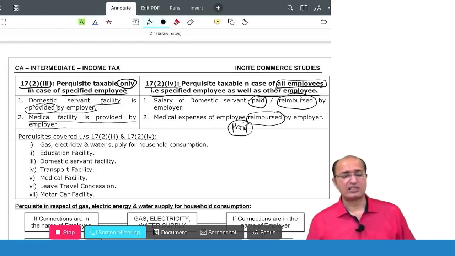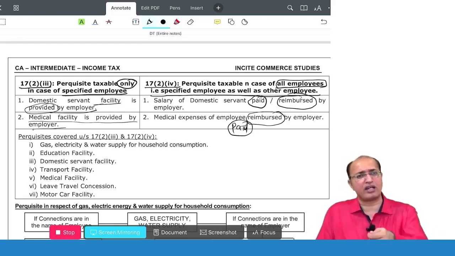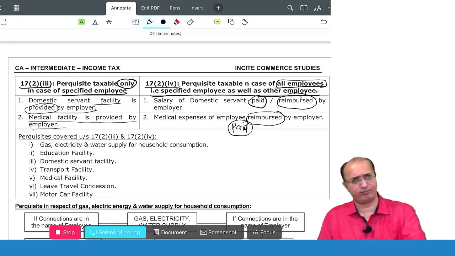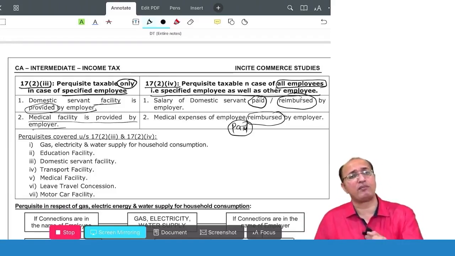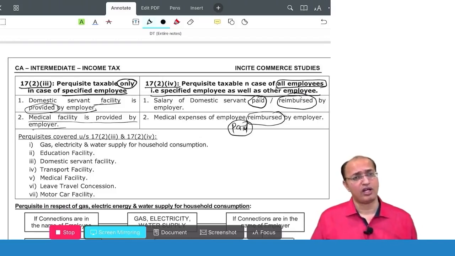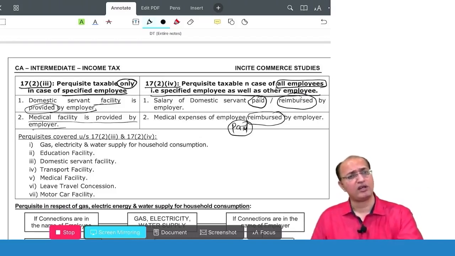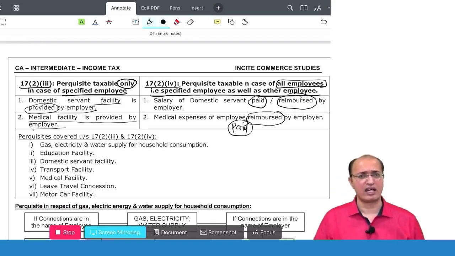Now, 17(2) clause 4 will cover those points wherein making the payment was the employee's obligation. Making the payment was the employee's obligation, but that payment is made by the employer, or payment is made by the employee, but thereafter it is reimbursed by the employer.